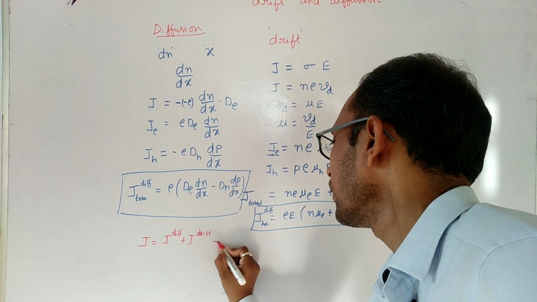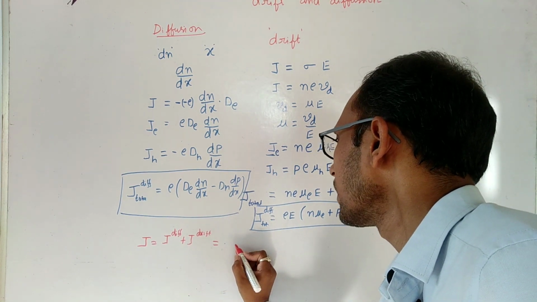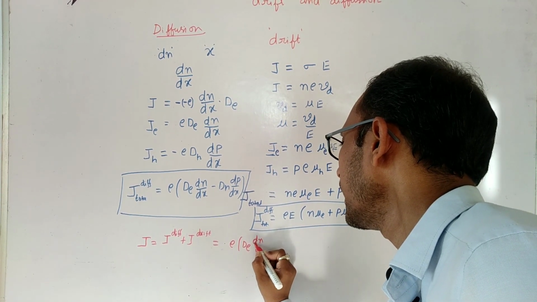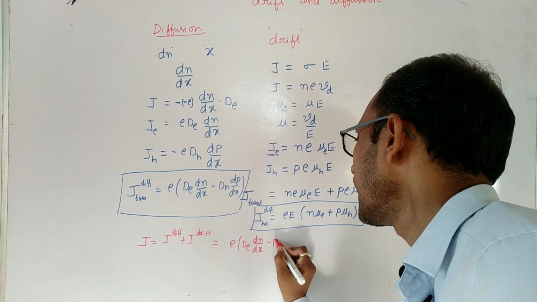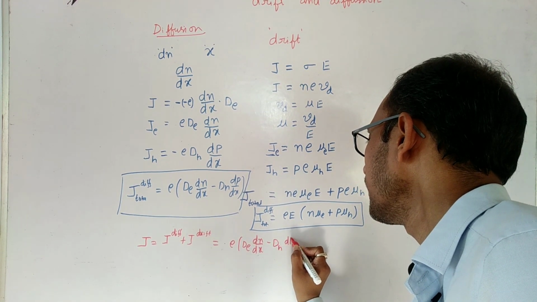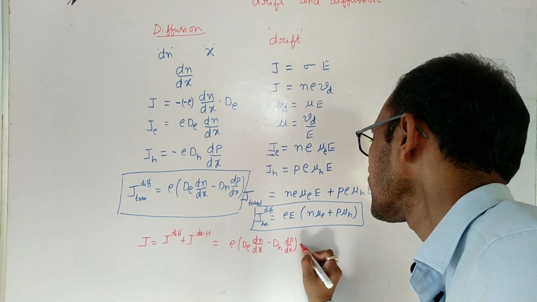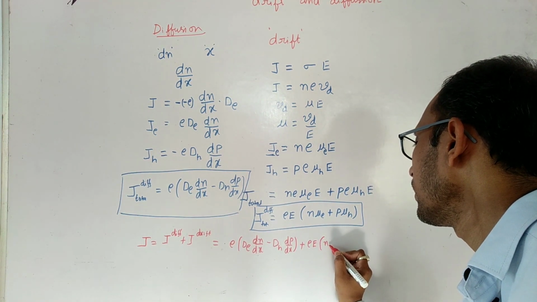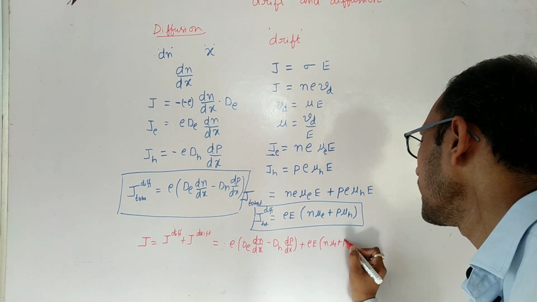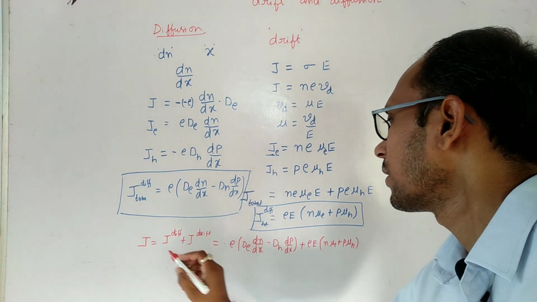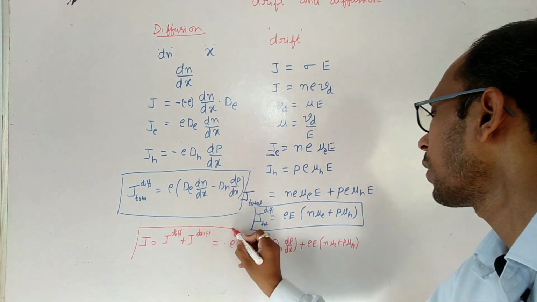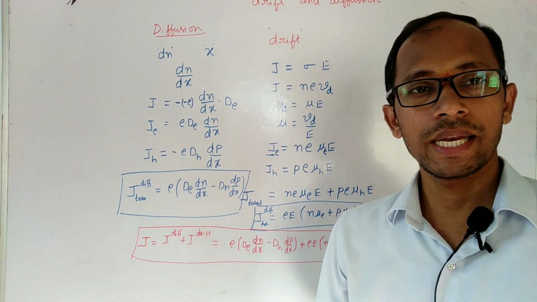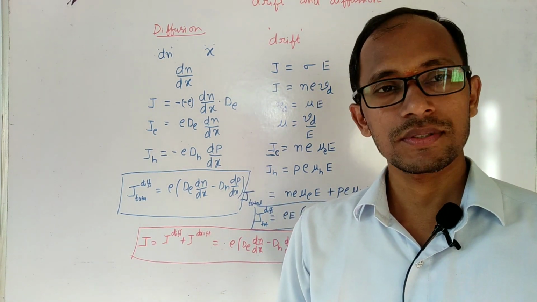So that is equal to e into D_E dN/dx minus D_H dP/dx, plus e into (N mu_E plus P mu_H) times the field. This is the expression for the total current density of the semiconductor.